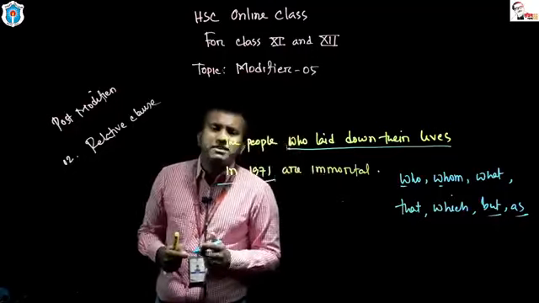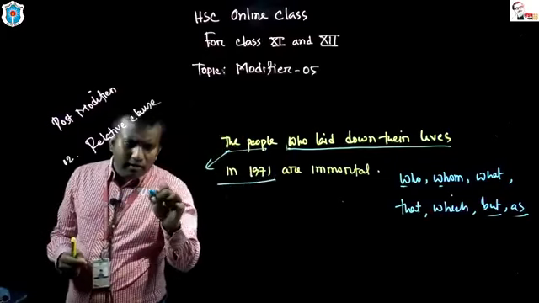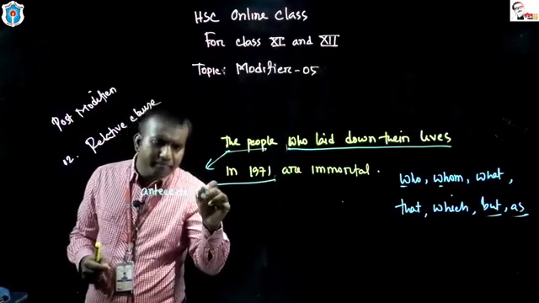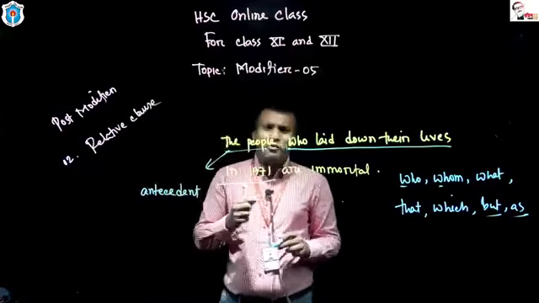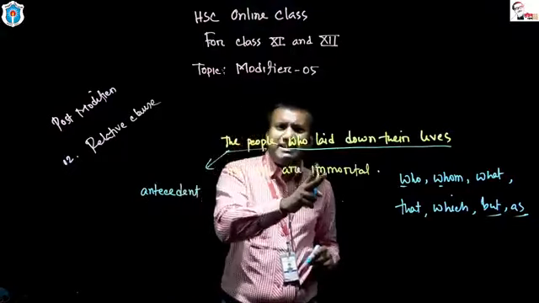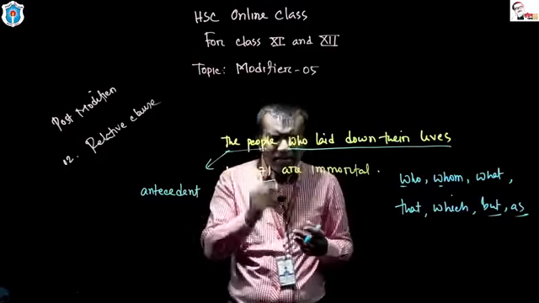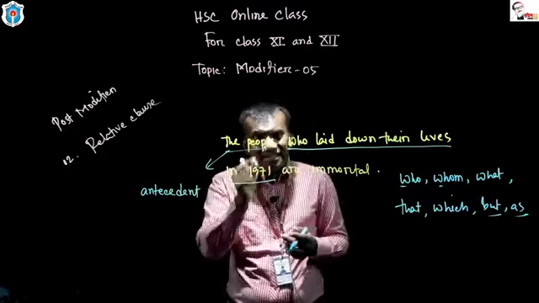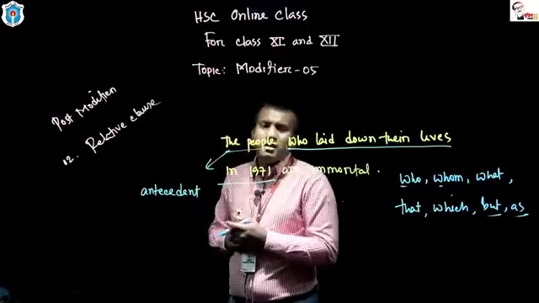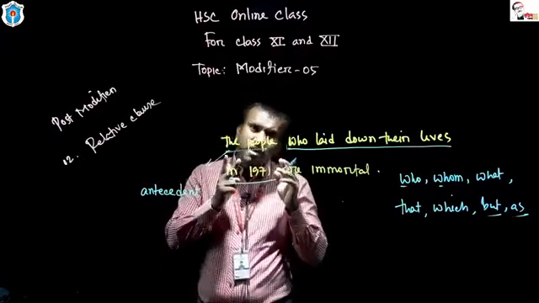What is the antecedent of this sentence? The antecedent is people. A-N-T-E-C-E-D-E-N-T. The noun or pronoun which takes its position before a relative pronoun is called an antecedent. So we normally get relative pronoun after antecedent. An antecedent is always a noun and pronoun. Clear to you, my dear students? Here the antecedent is the people.